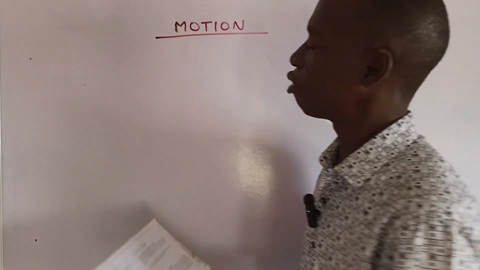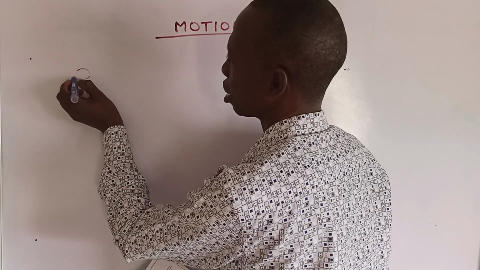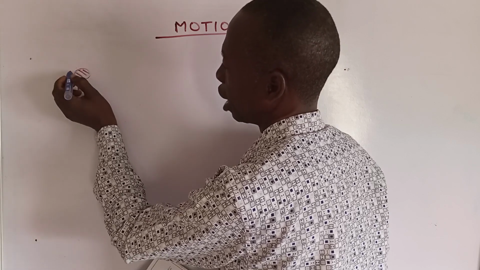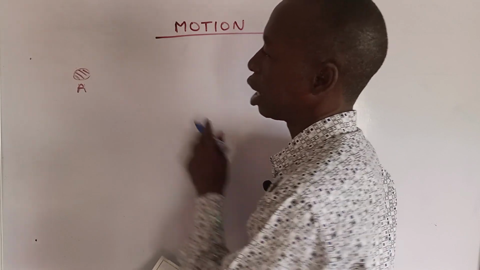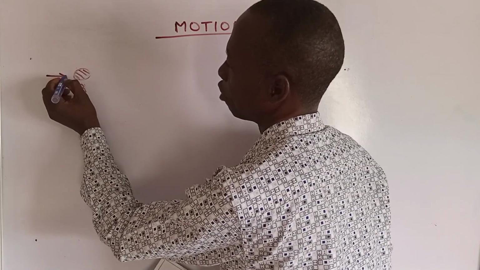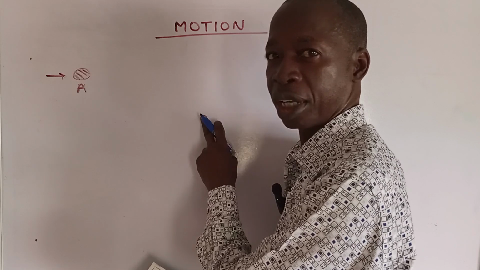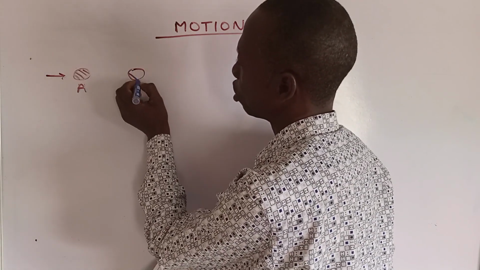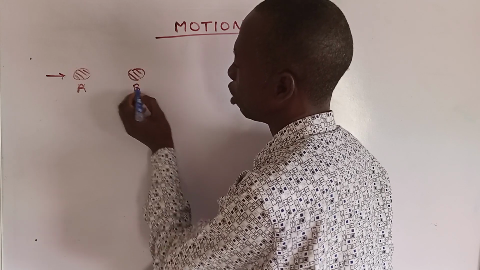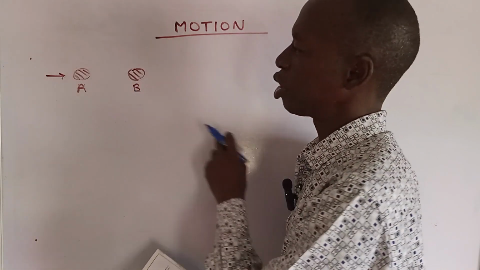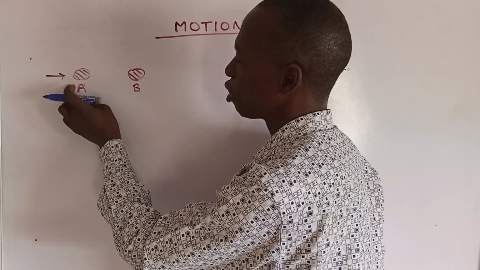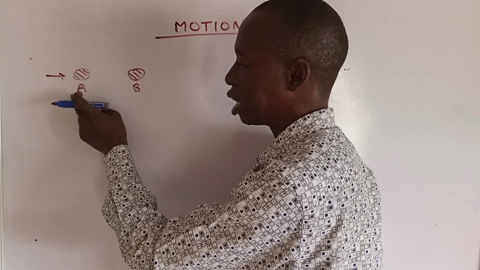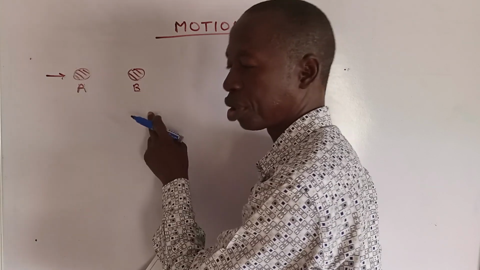So if I have a body, let's call it A, placed at this position, and I apply a certain force in that direction, that body will change its position to point B. Because this body has moved from point A to point B, we say it has undergone motion.